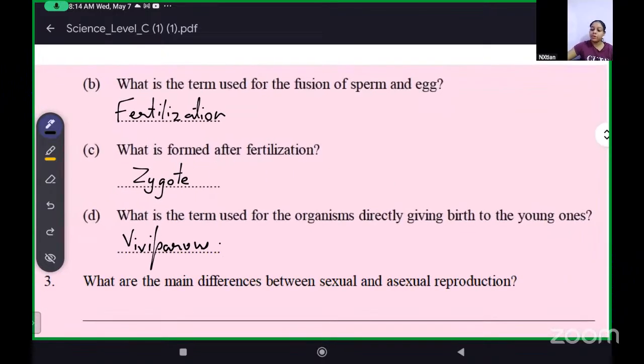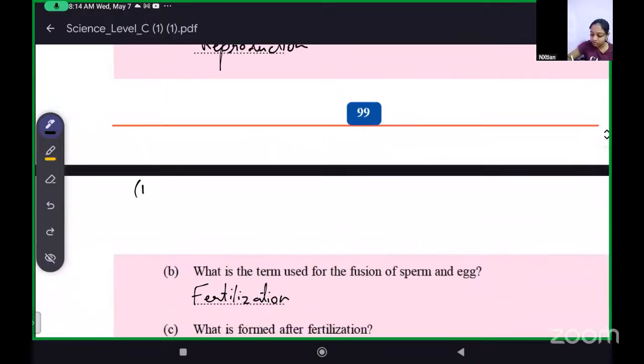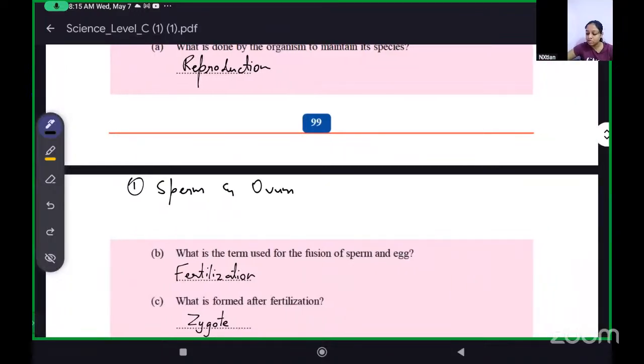Let me quickly go through the process. So first up, I'm talking about reproduction in animals. Sperm and ovum in animals, and in plants we have pollen and ovules.